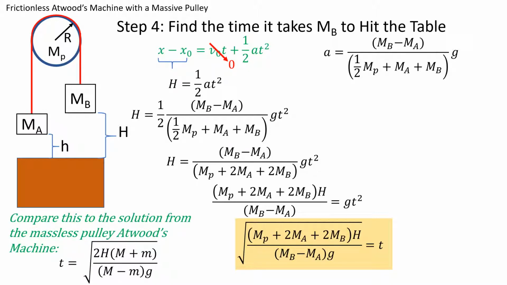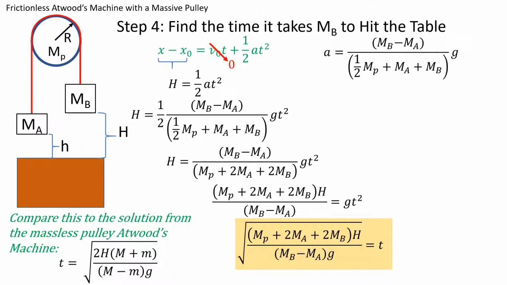So just to compare to the solution from the massless pulley, we see some similarities here, where t was the square root of 2h over the sum of the masses times the sum of the masses over the difference in the masses times g. So now we have h over g again, and we have this fraction of masses, but in the numerator we have the mass of the pulley included plus 2 times the mass of each of the blocks.